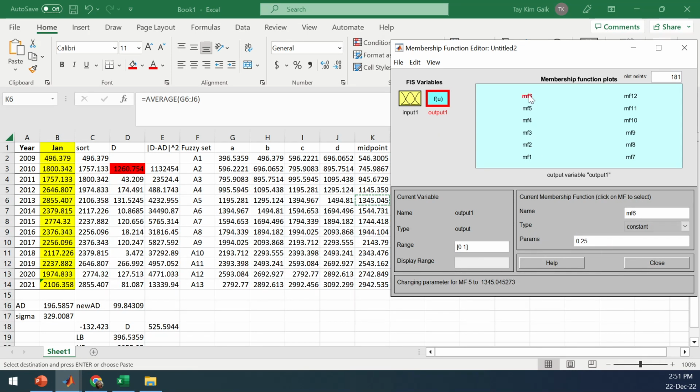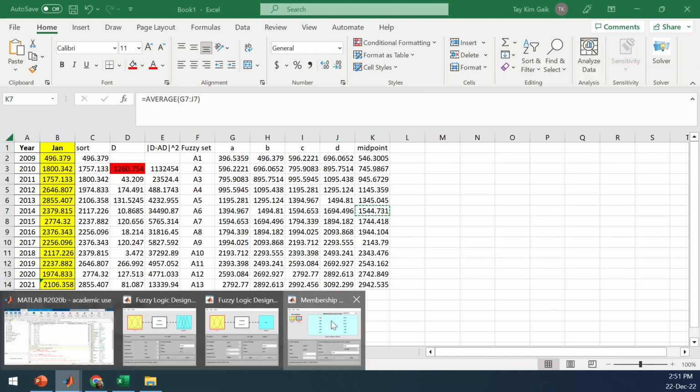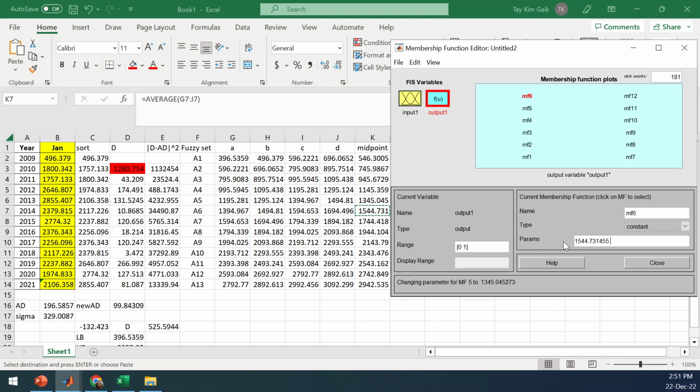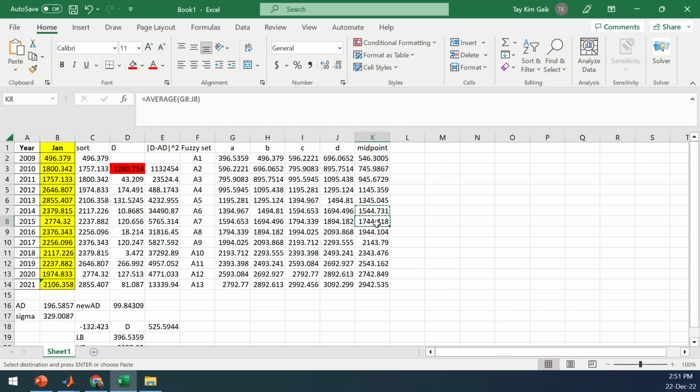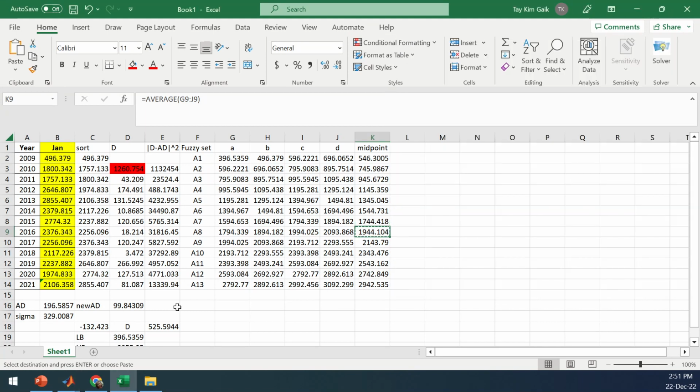Membership function 6. Then 7, the next value. Then number 8, the next value of the midpoint.